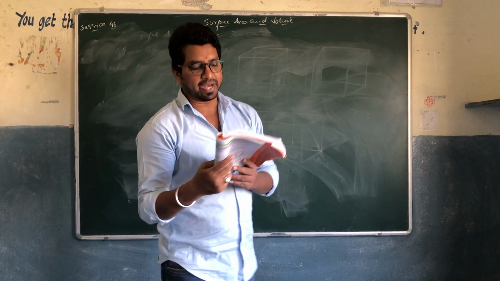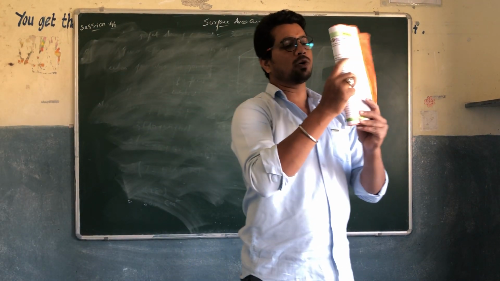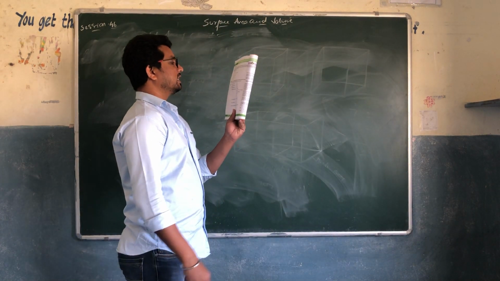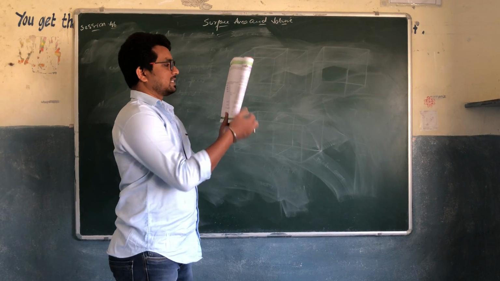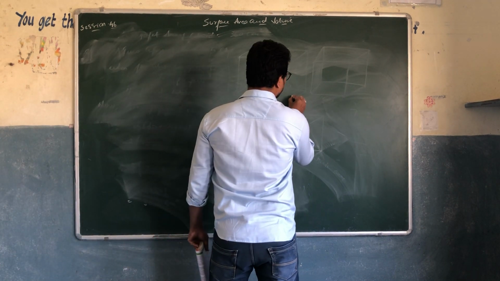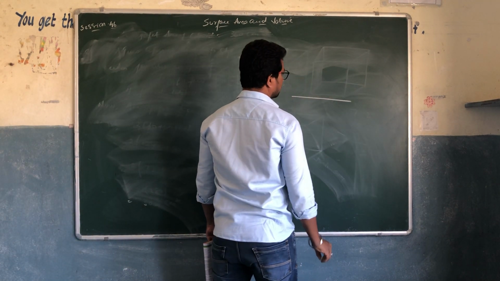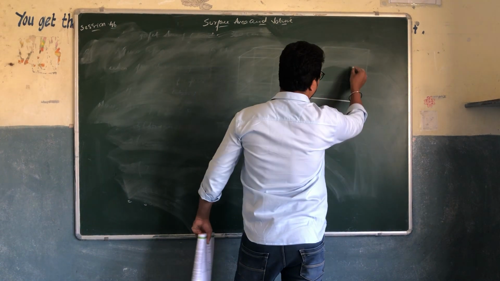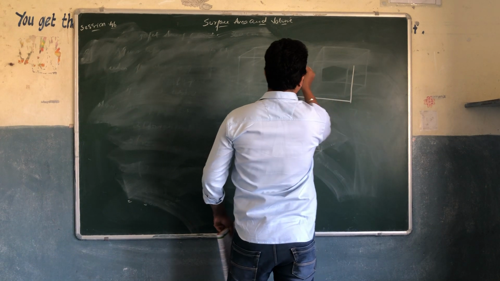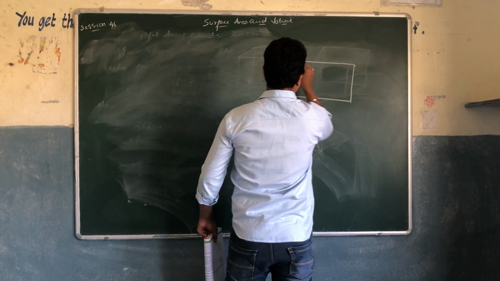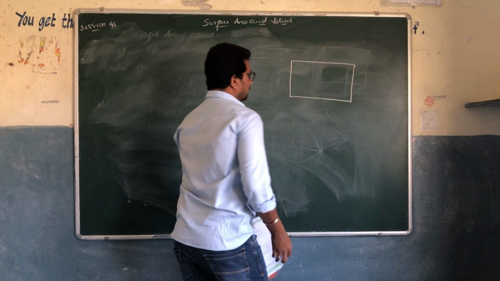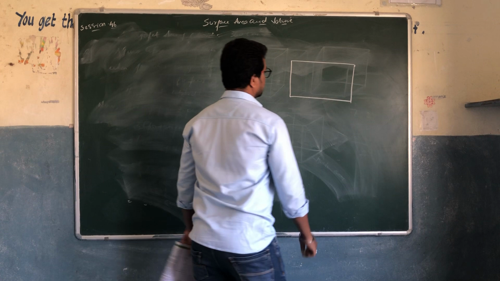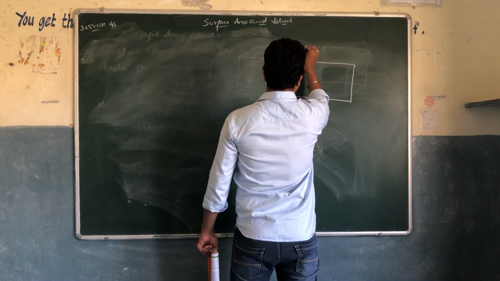Find the cost of painting the outer surface of a closed box which is 60 centimeters long, 40 centimeters broad and 30 centimeters high. He's saying 60 centimeters long and 30 centimeters high, so which is forming a rectangle, which means he's talking about a cuboid, right? And 40 centimeters broad.